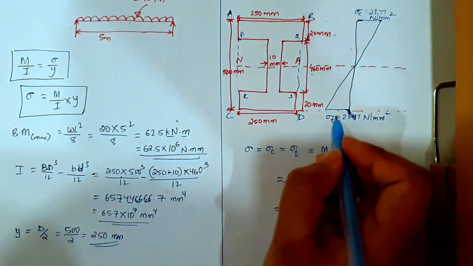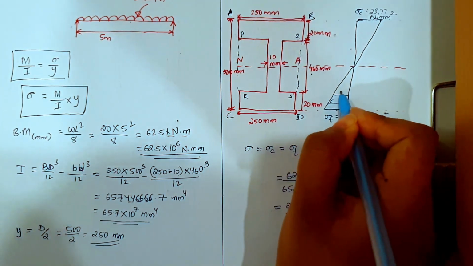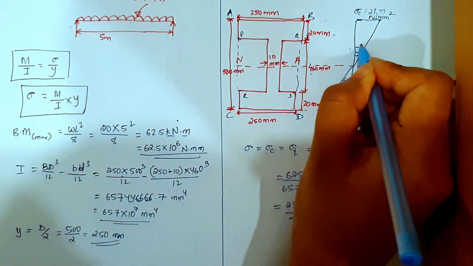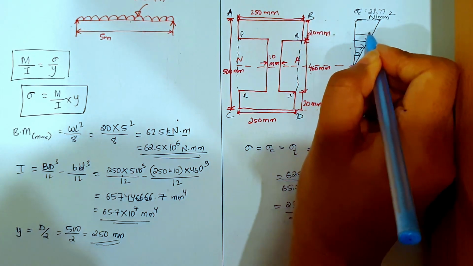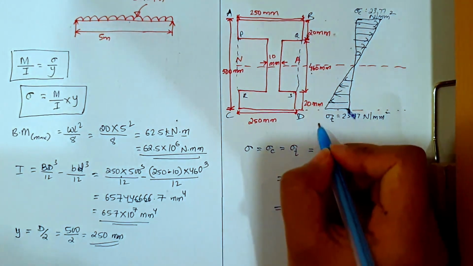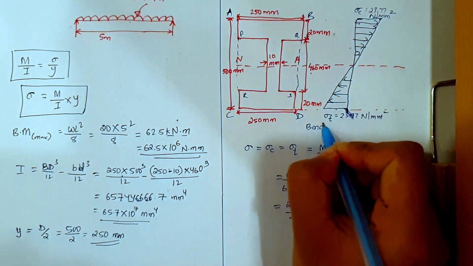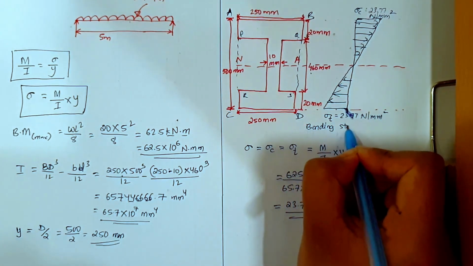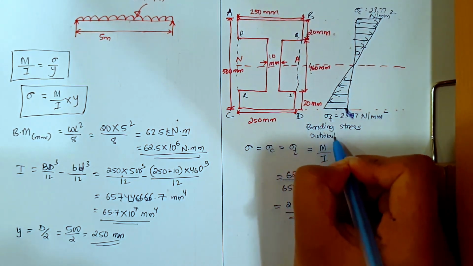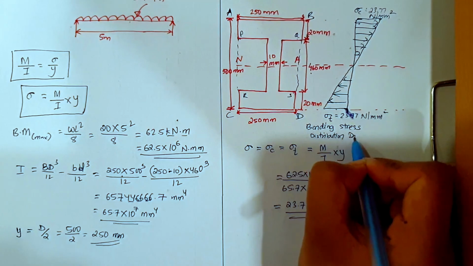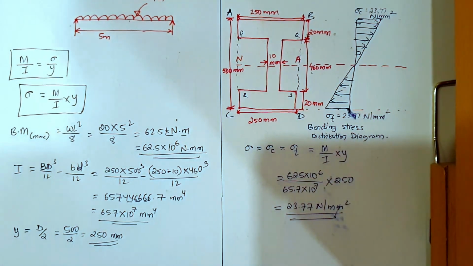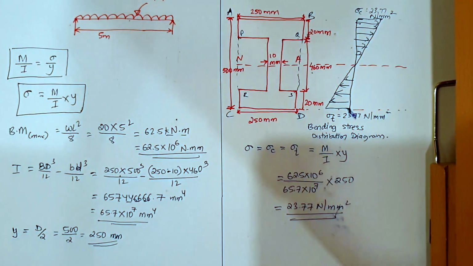Okay, so this is the bending stress distribution diagram. If you shade it, it can be something like this. Okay, so this one here is the bending stress distribution diagram.